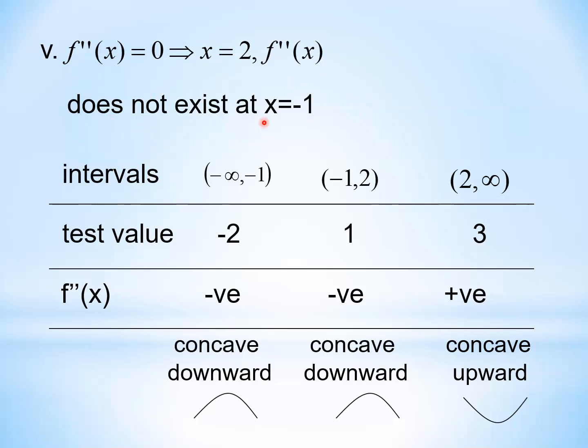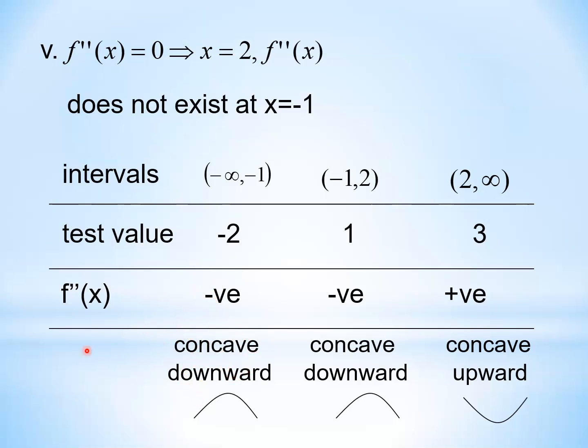It does not exist at x equal to -1 because our denominator just now cannot be equal to 0. Again, you use the table, divide your intervals. Start from -infinity until -1, where -1 is the critical value you found just now, then -1 until 2, and 2 until infinity. Then you test for the value and make a conclusion.